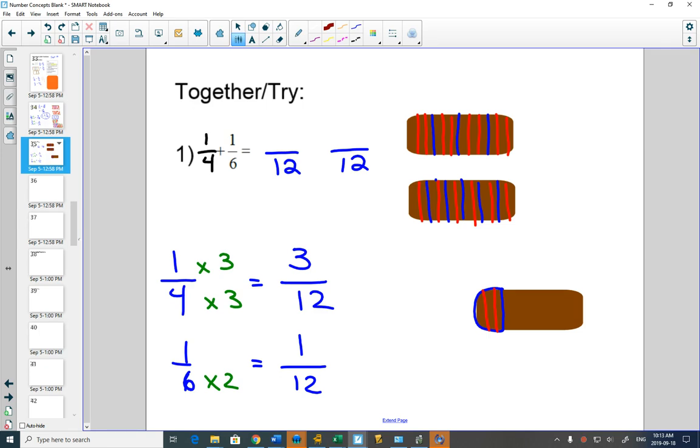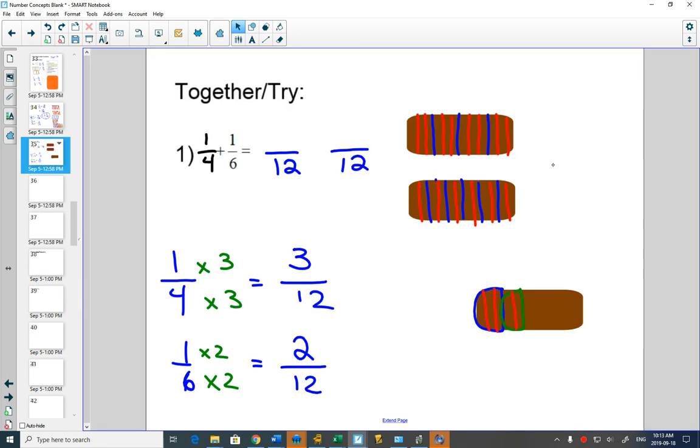And if we look at just one of those pieces right there, one of those pieces is 2 12ths. And if we add that onto here with 2 12ths, this is how much we have in the end.